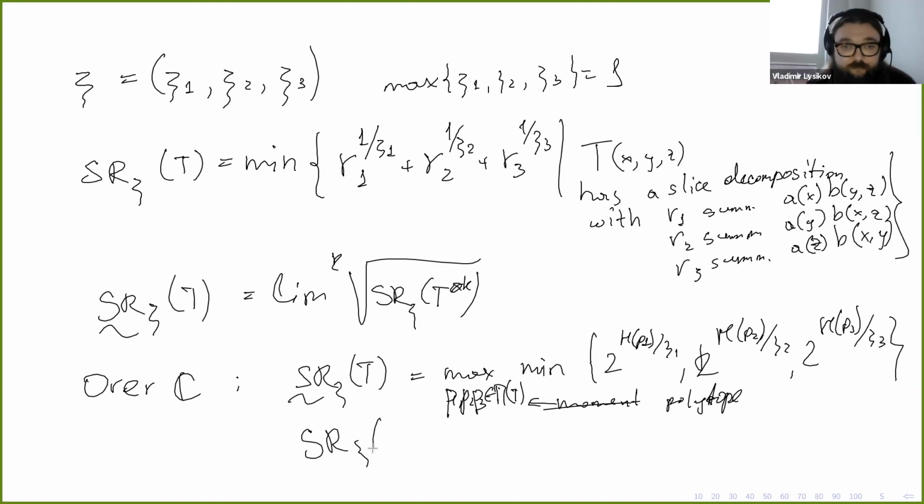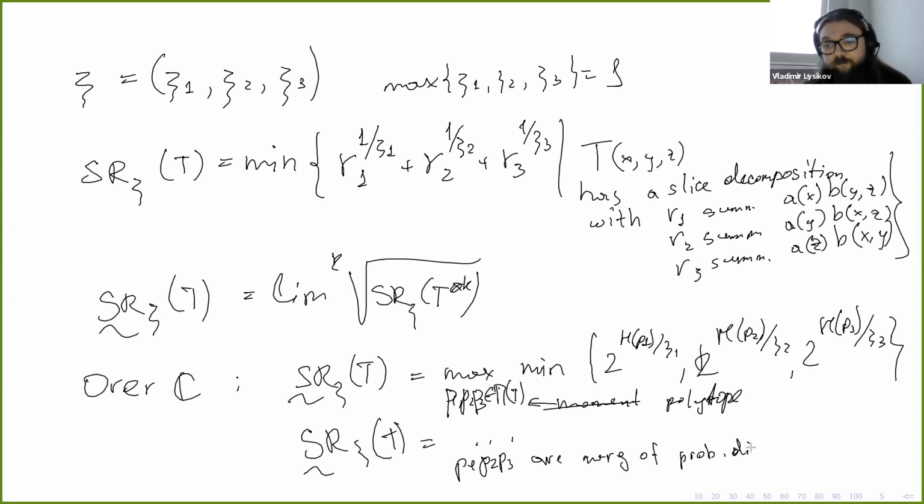We also prove essentially the same thing, but now for marginals of probability distributions on the support. The support is the set of all indices where T is non-zero.